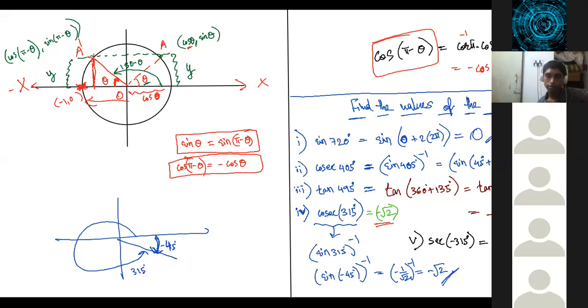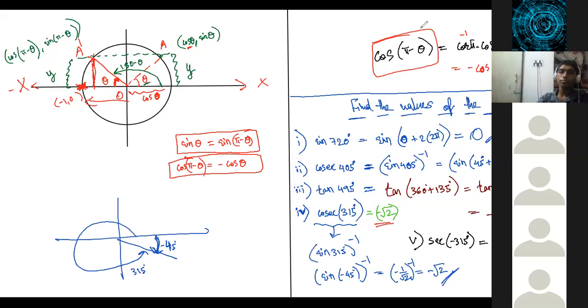Secant minus 350. Sir, is it root 2? Yeah, good. How?